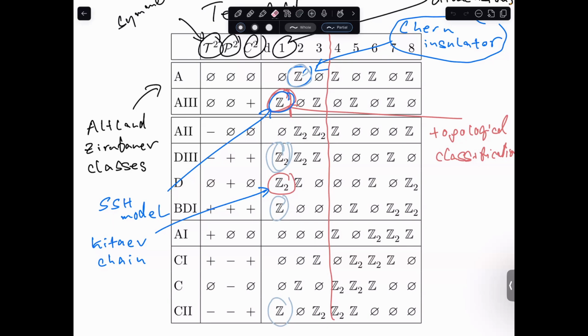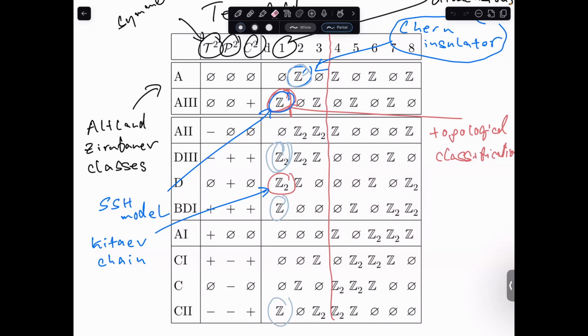Second question is, when you said that if I have a left moving band and a right moving band crossing at 0, then they gap out, is there an intuitive reason for why that is not a protected situation? So what is not protected? A left moving and a right moving?